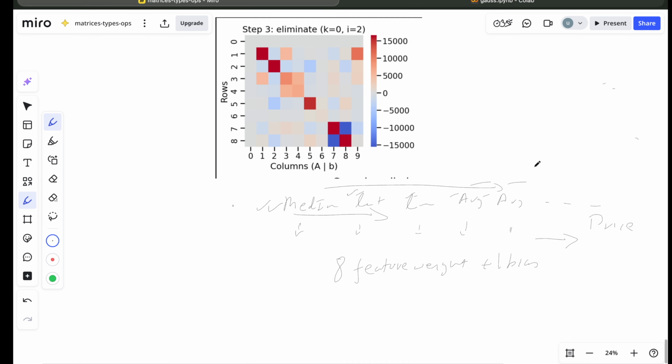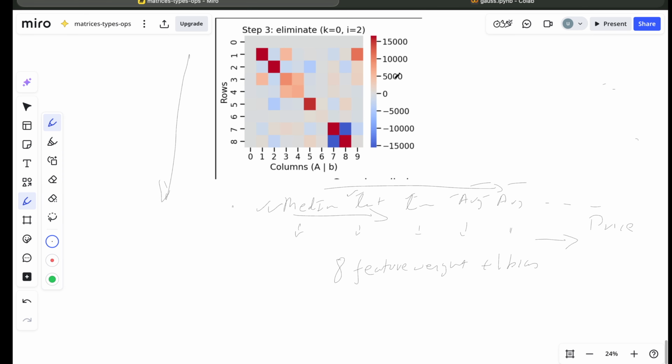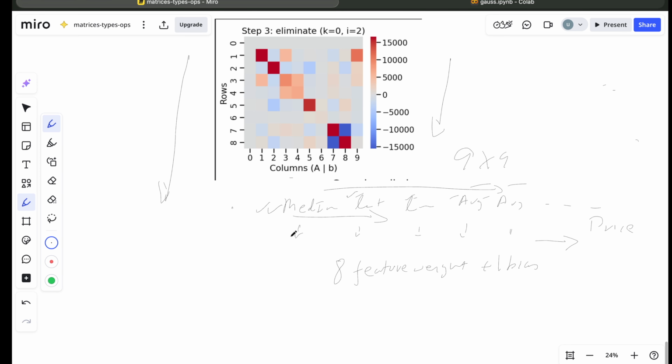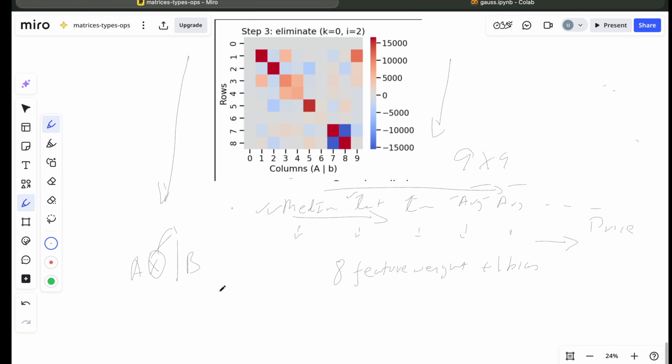Now let's understand the picture. Because we have 9 unknowns, we build a small square system for the Gauss elimination method, and this square part is 9 by 9 for all the steps.